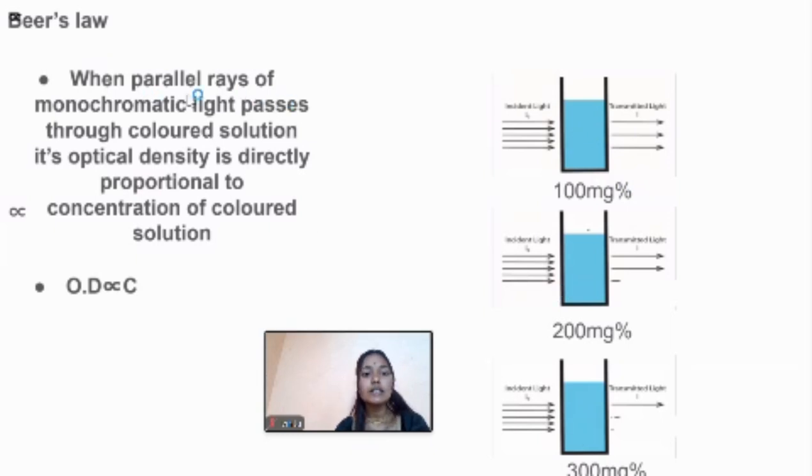When parallel rays of monochromatic light pass through a colored solution, its optical density is directly proportional to the concentration of the colored solution. Optical density is nothing but the absorbance. As we increase the concentration, the transmitted light rays decrease and the absorbance increases.